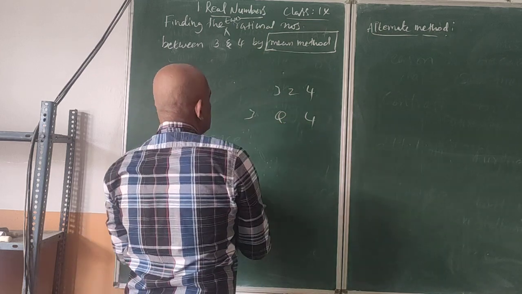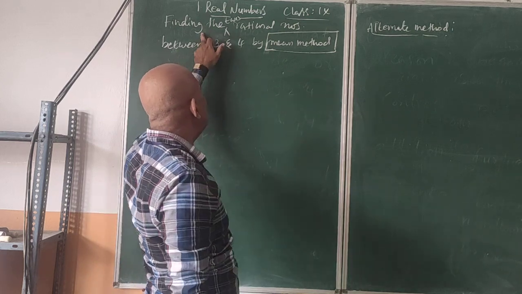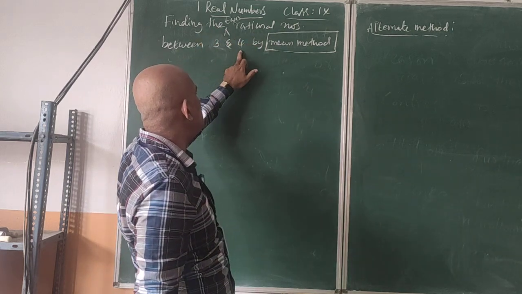So how do we find rational numbers between two given numbers? We are going to find two rational numbers between 3 and 4.